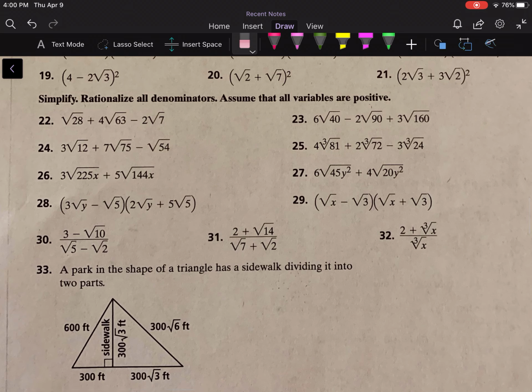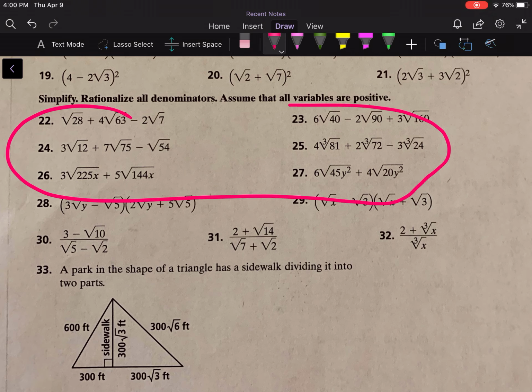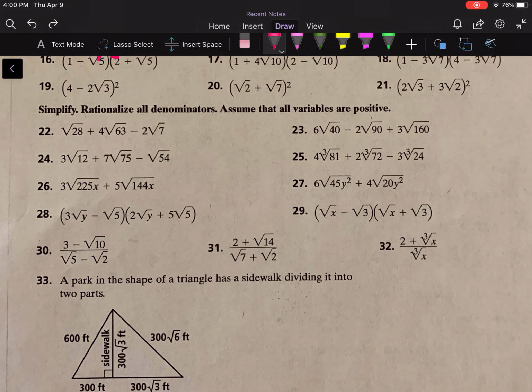Now, for 22 through, let's do 22. These are the steps for those on the circle. I'm going to show you one with 22.